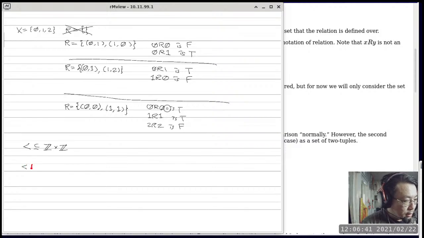If you look at less than as a set, you can see 1, 2 is in the set because 1 is indeed less than 2, but 2, 1 is not in the set. The membership of 2, 1 as a 2 tuple in the set less than is false. That's because of our common understanding of what less than means, but here we're looking at less than in the context of a set in this class.